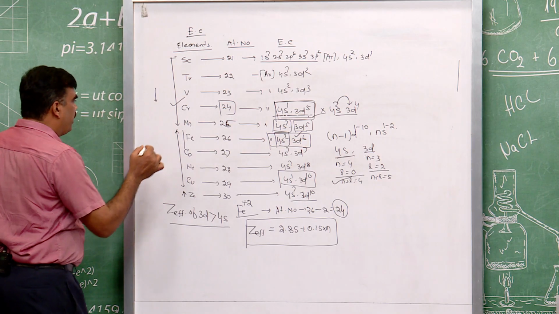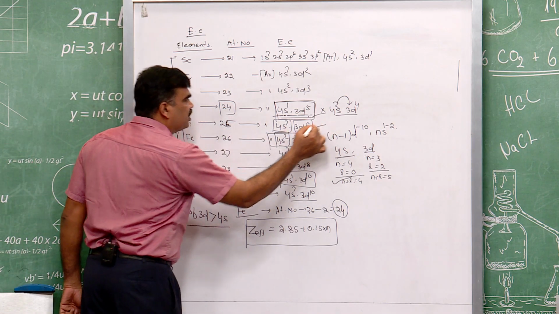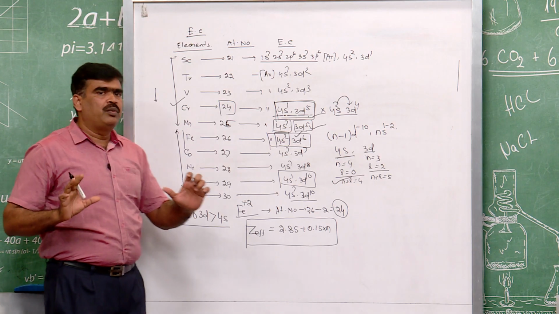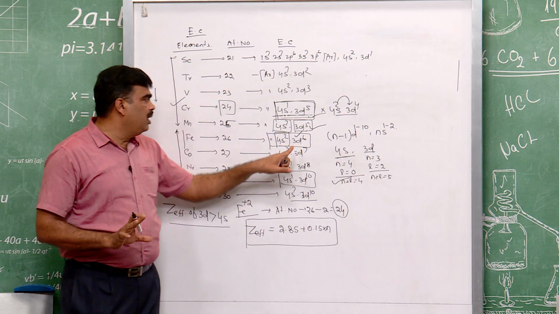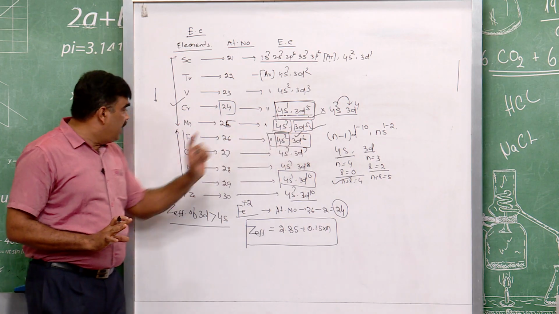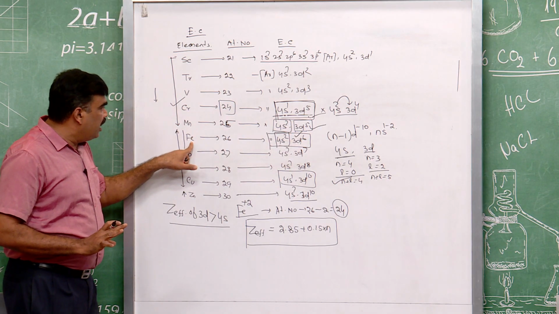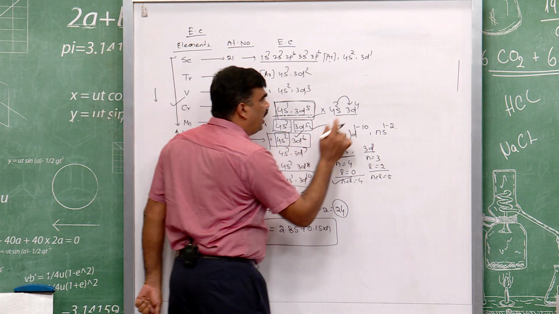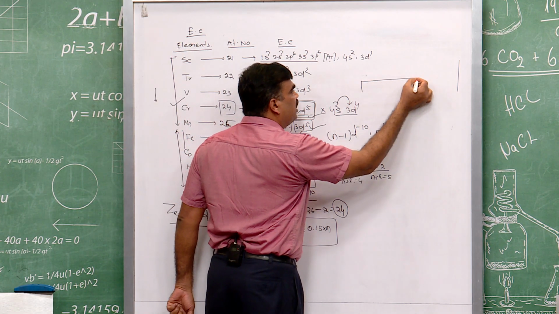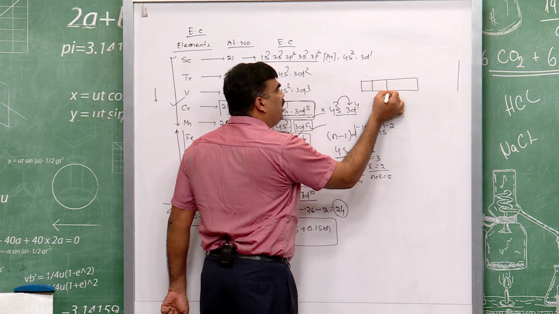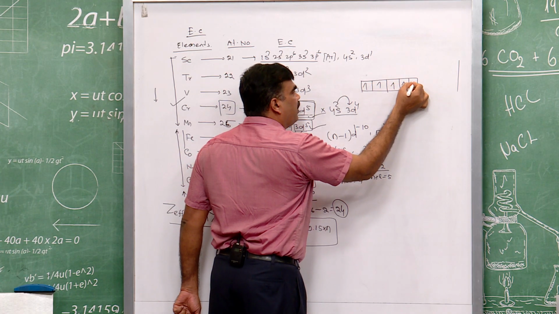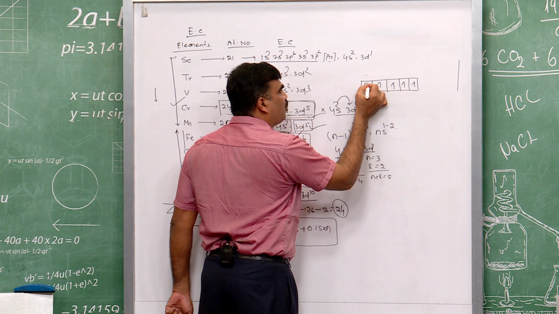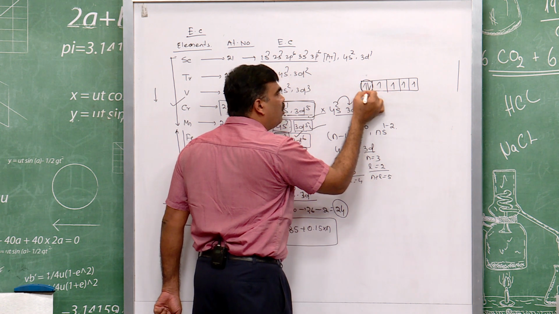Why? Up to manganese you have D5 configuration, exactly half filled, which means minimum repulsion. After manganese, in iron you have D6, where each d orbital contains 1 electron and 1 d orbital is now paired up.